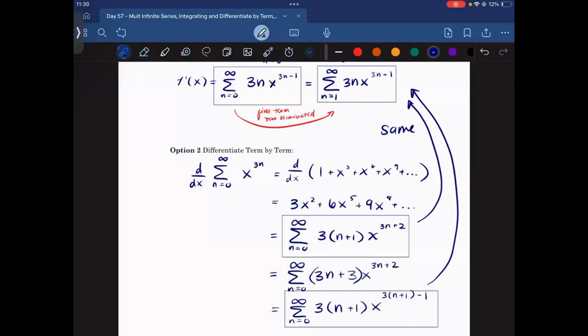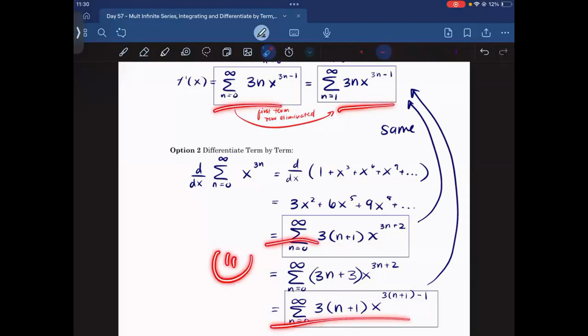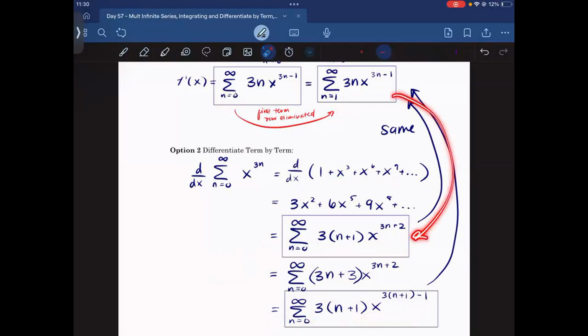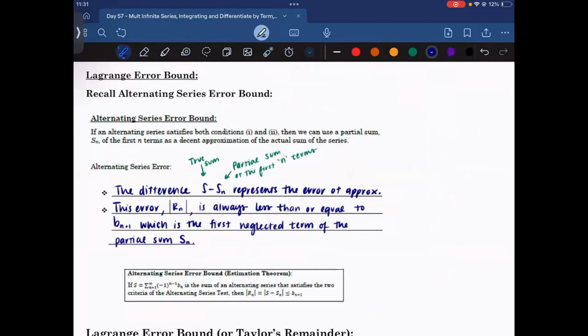So if you put any of these, they would all be correct. So a bunch of different ways to write the exact same thing. So if you couldn't understand it, just find one, try to manipulate it to get to match one of these. And pay attention to the first term being eliminated. That's the key.